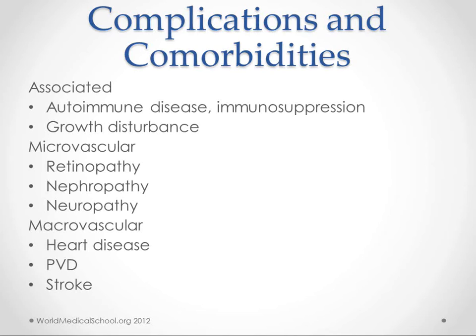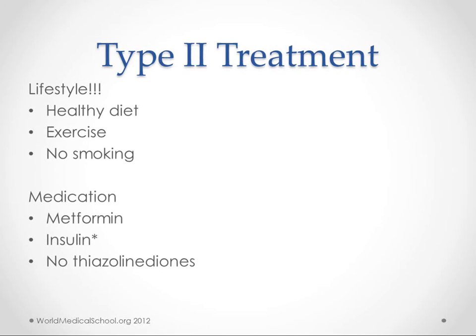So that can cause this retinopathy, the nephropathy, the neuropathy. All these things are major complications of diabetes. And in a similar process, you also get worsening of atherosclerosis, which leads to heart disease, peripheral vascular disease, and stroke. And remember that if you have one autoimmune disease, it's a good chance you'll have another as well.